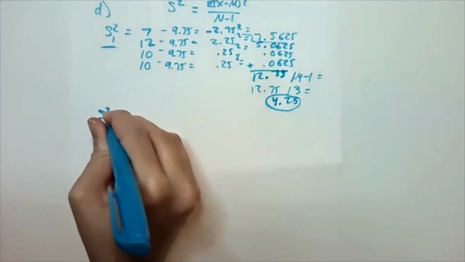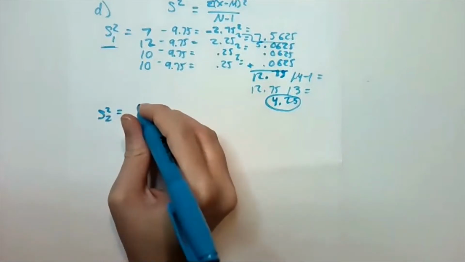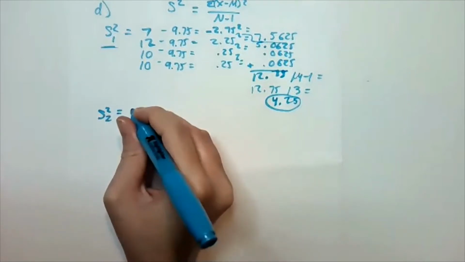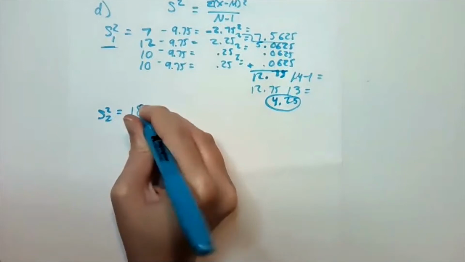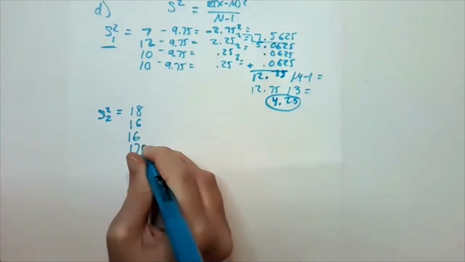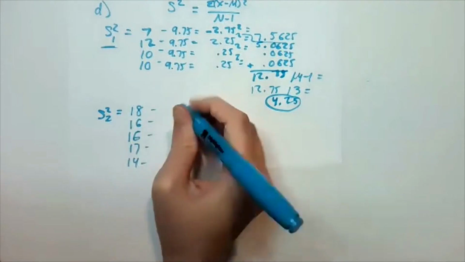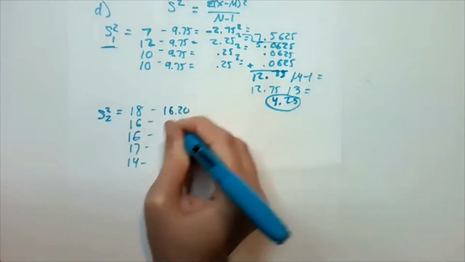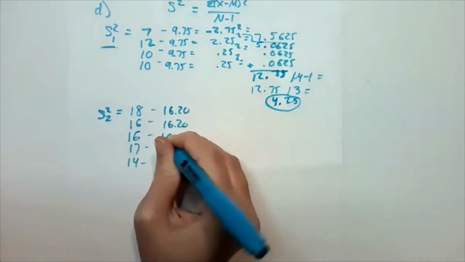And so S squared 2. We have 18, 16, 16, 17, and 14, and our mean there was 16.20.